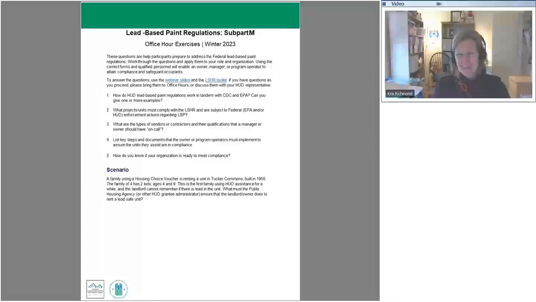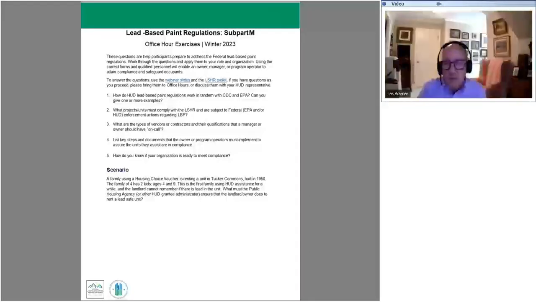So, Chris talked about the fact that the owner is going to be responsible for some portions of this. So thinking about how, on the front end, I make sure that owners understand their responsibilities, but also how I assist them in identifying if they need to hire an RRP certified contractor, how they identify who's available in the area, and the kind of documentation that would need to be in place.